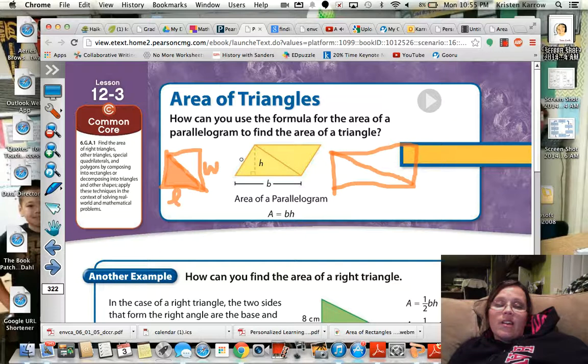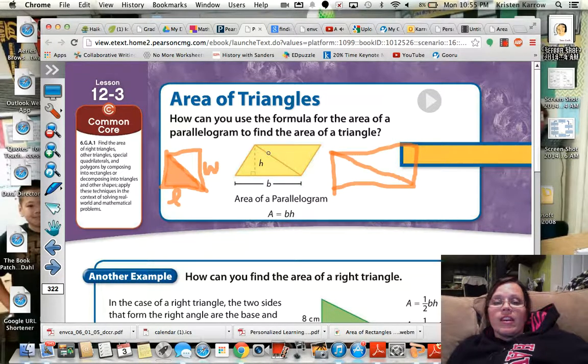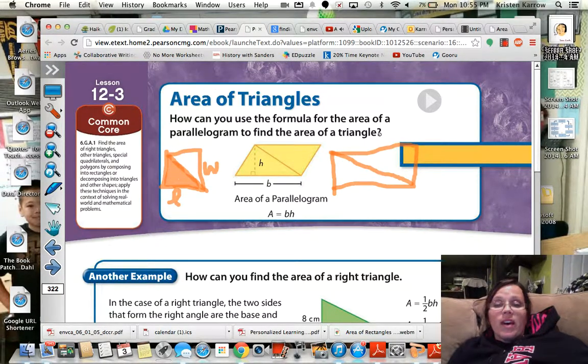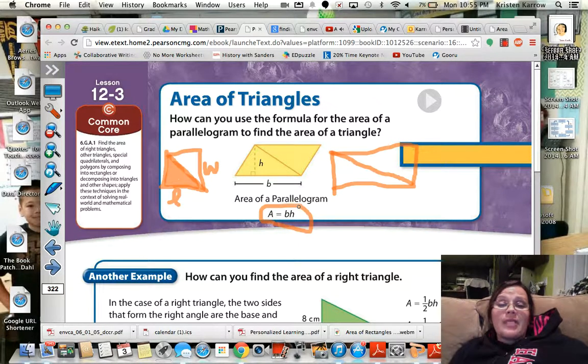Knowing that, all we have to do is find half of the area of a square, or half of the area of a rectangle, and in this case, half of the area of a parallelogram, and we will have the area of a triangle.